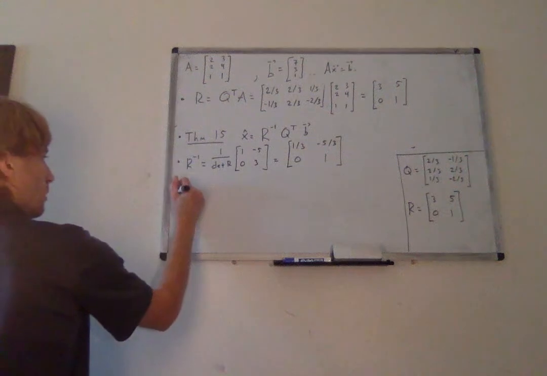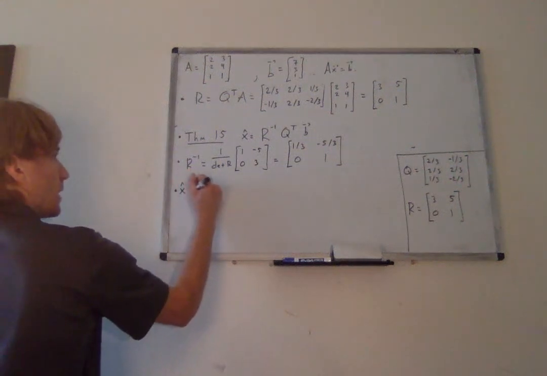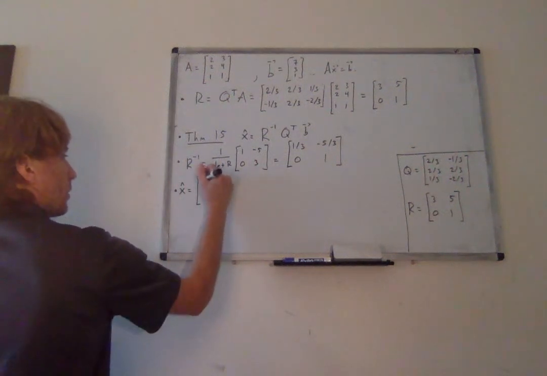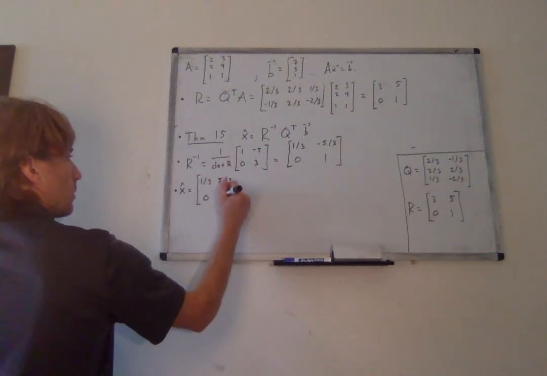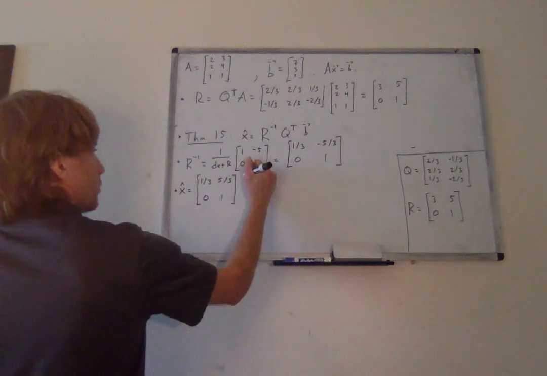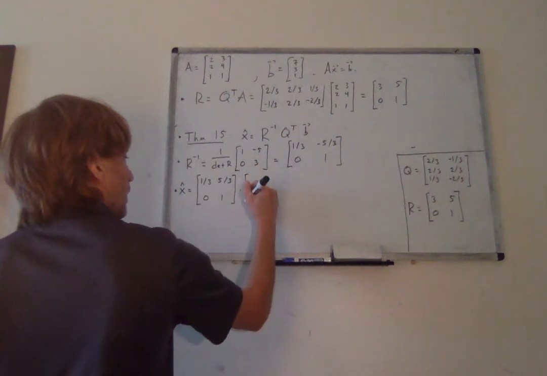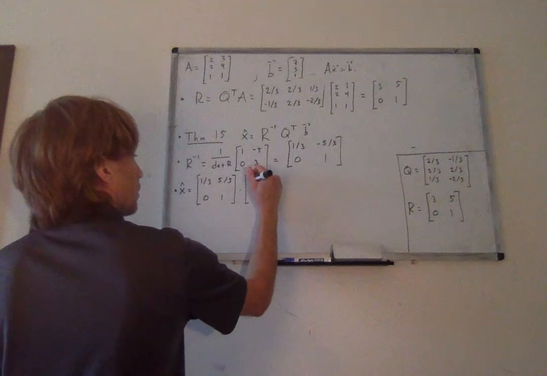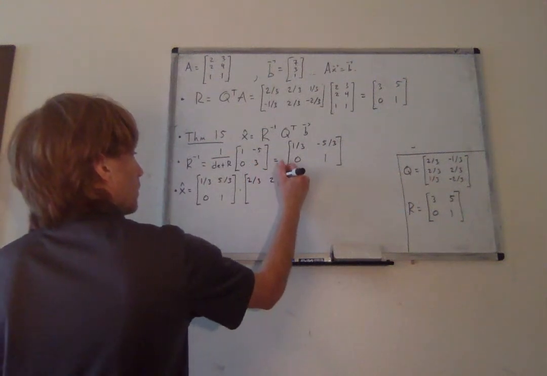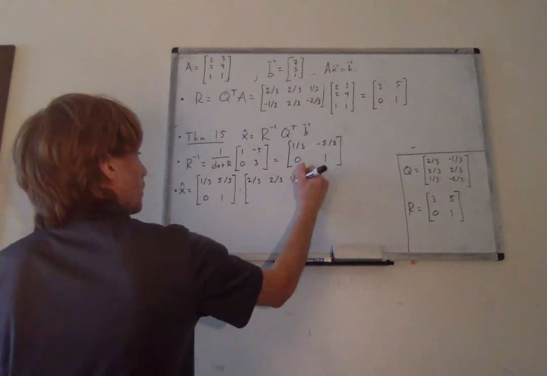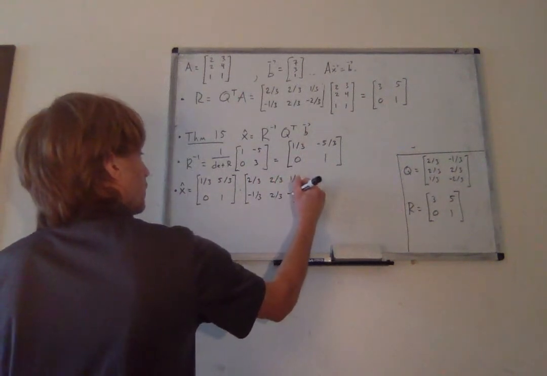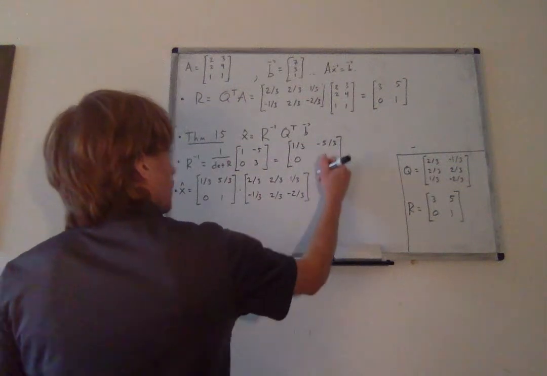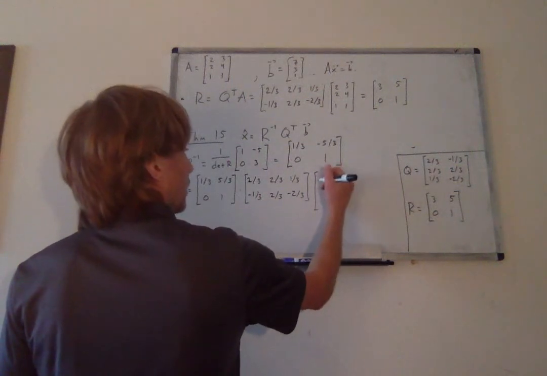And so now that we have every matrix necessary to do this, we get that the least squares solution is equal to R inverse times Q transpose times b.